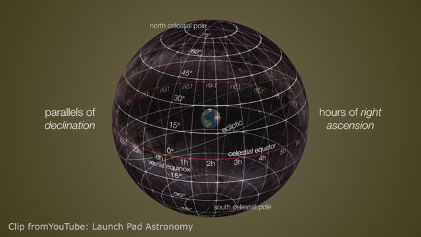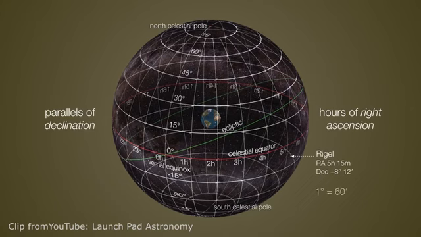So again, think of not so much as hours of time, but think of it instead as hours on a clock face. For example, Rigel in the constellation of Orion has a right ascension of a little more than 5 hours, about a quarter of the way onto the 6th hour circle. So that gives Rigel a right ascension of 5 hours and 15 minutes. And since it's south of the celestial equator, that gives us a declination of minus 8 degrees and 12 minutes of arc.